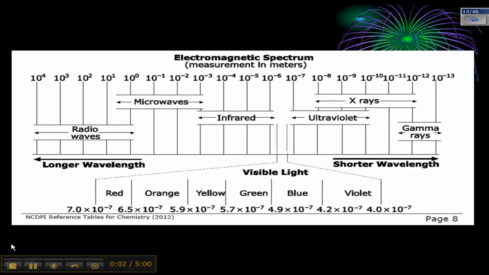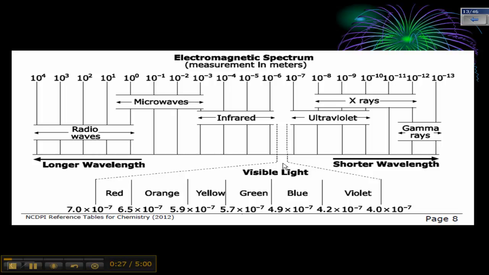Now for the visible light, it falls in this very, very tiny little part of the electromagnetic spectrum. That's the only part that we can actually see. We can measure all of these, and we certainly use all of these in our everyday life, but the only ones that we can see are just in this tiny, tiny little section. It only covers about 300 nanometers.